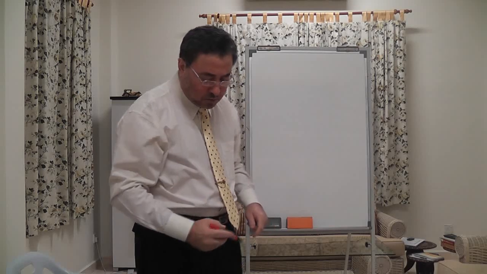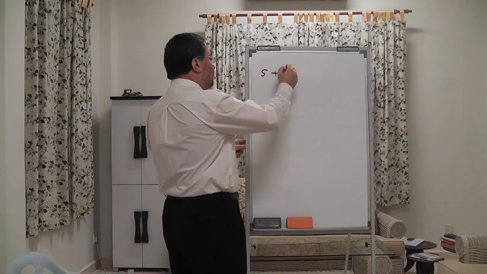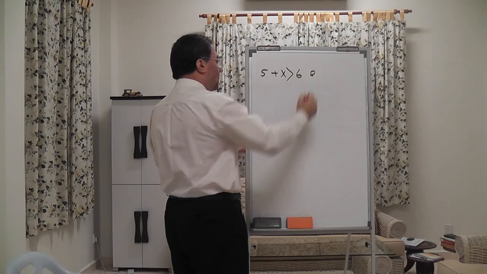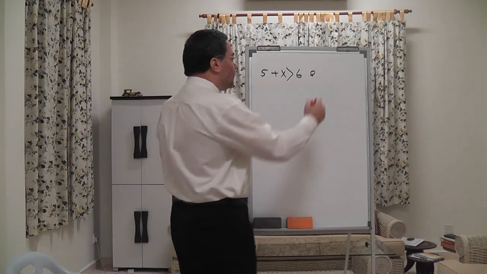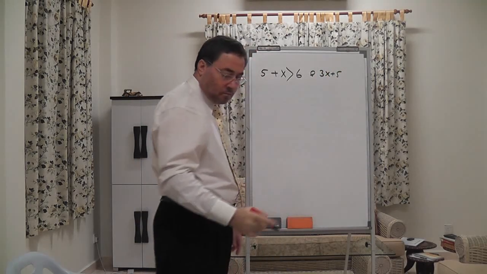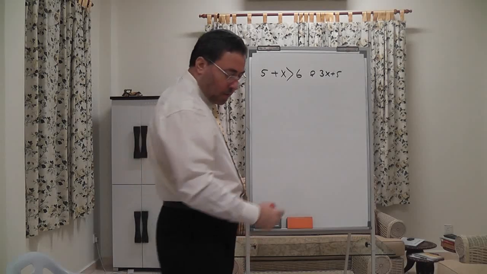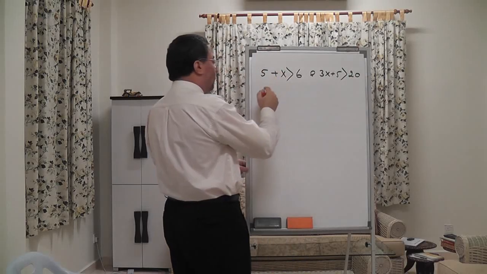Next is number 28, 5 plus x more than 6. And so this is another conjunction. 3x plus 5 more than 20. We solve each one alone.